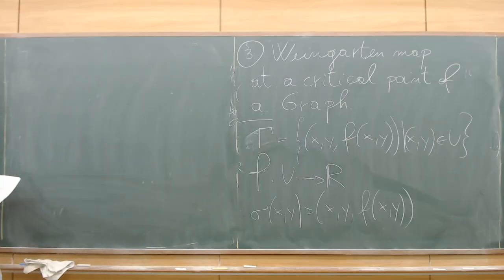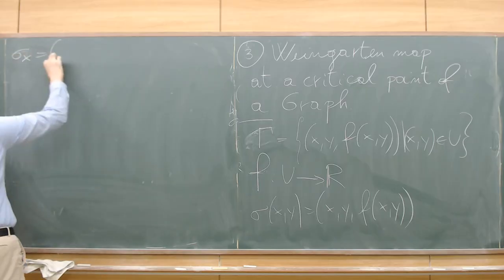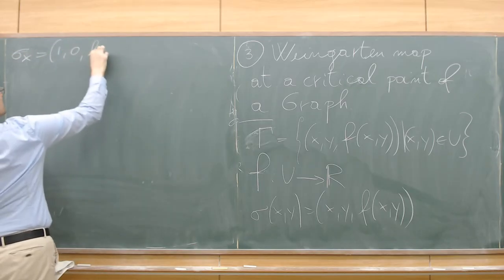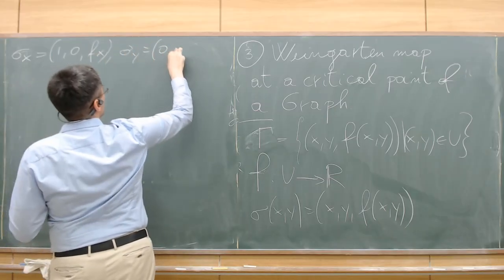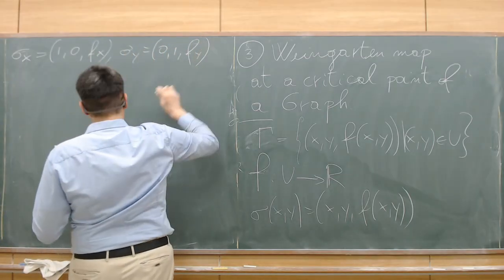And we already computed sigma x. This is 1, 0, fx. Sigma y, this is 0, 1, fy.